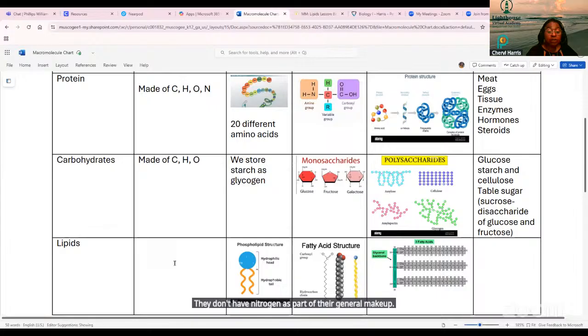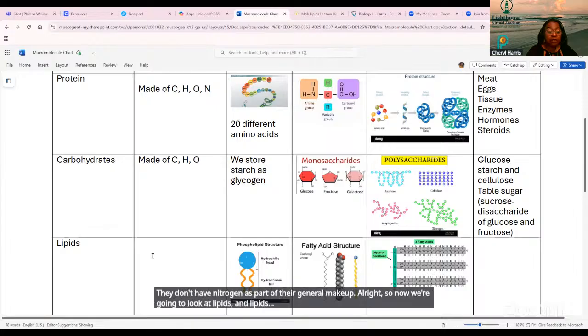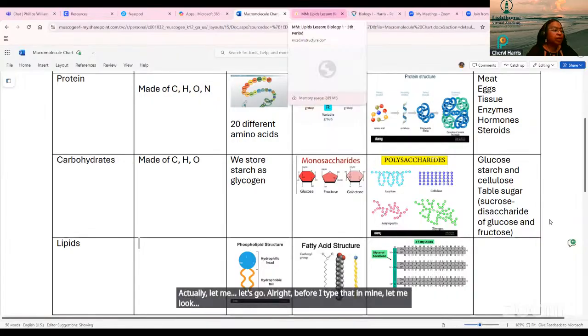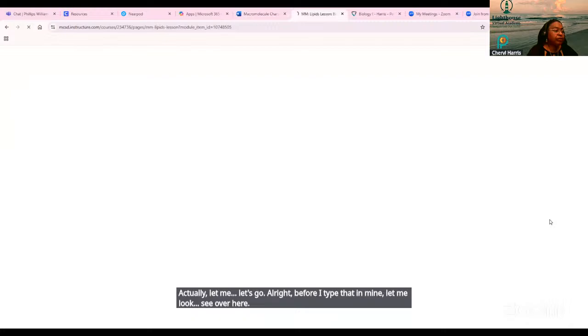All right, so now we're going to look at lipids. Lipids are going to be the same thing, and I'm going to type that in mine. Actually, let's go. Before I type that in mine, let me see over here. All right, so have your Canvas open.